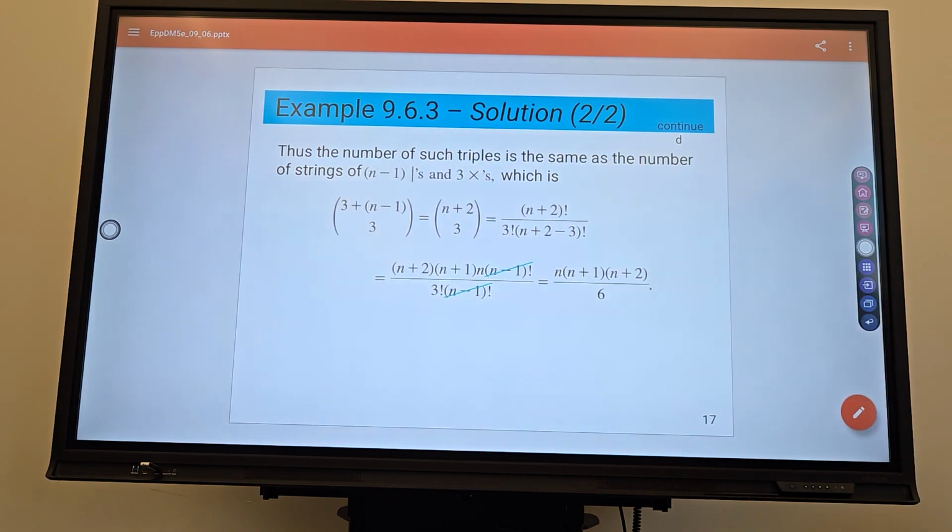Thus, the number of such triples is the same as the number of strings of n minus 1 bars and 3 x's, which is 3 plus n minus 1, choose 3, or n plus 2, choose 3. Do the math out and do some canceling and expanding and all that sort of fun stuff, and you get n times n plus 1 times n plus 2 all over 6.